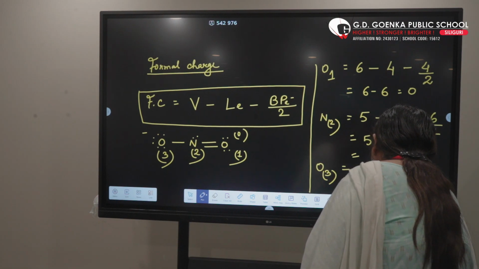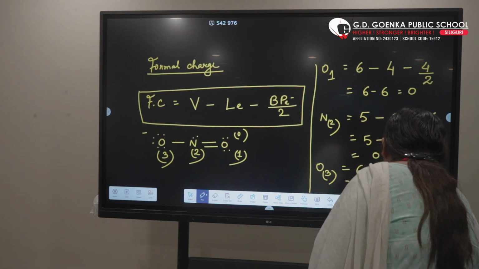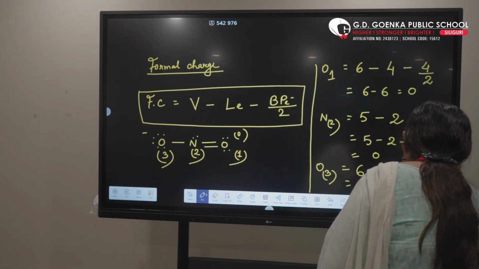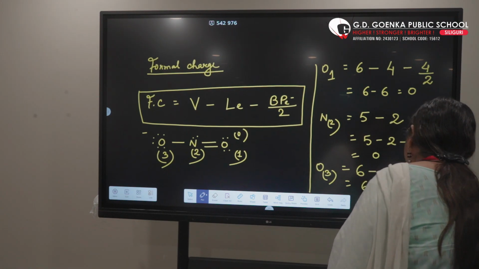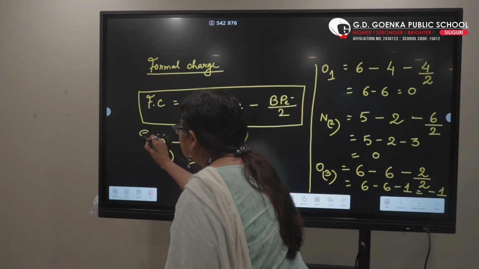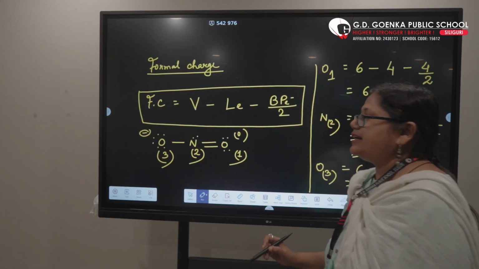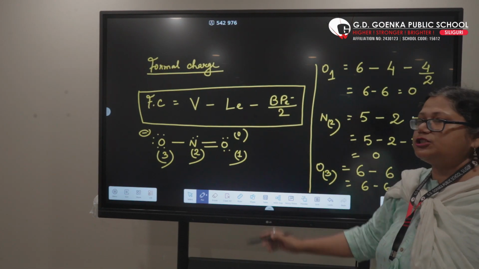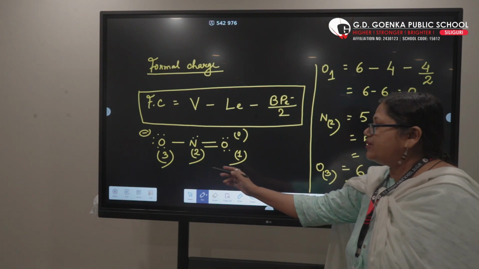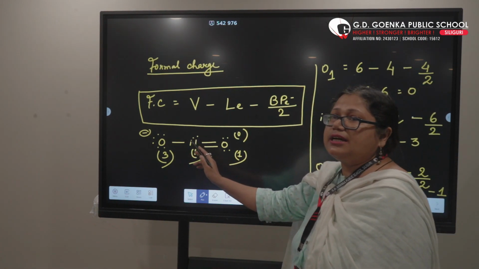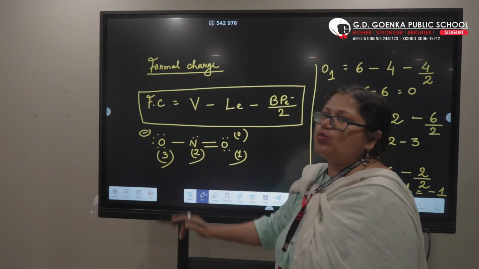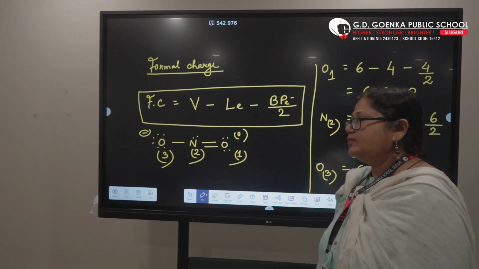So 6 minus 6 minus 1, that is minus 1. So this oxygen is carrying one negative charge, and that is why while drawing the Lewis dot structure of the nitrite ion, we have shown the oxygen connected by a single bond to nitrogen carrying one negative charge, right?